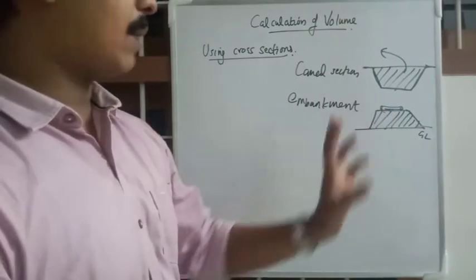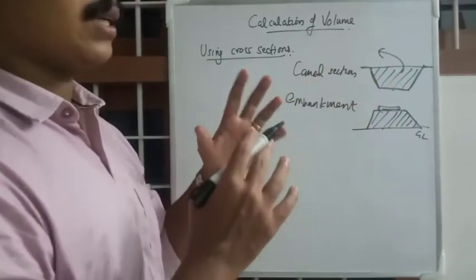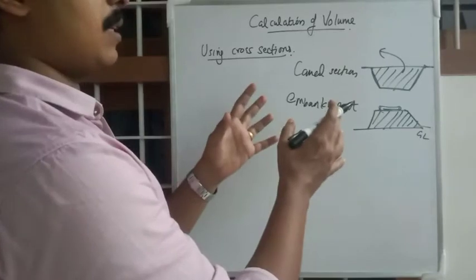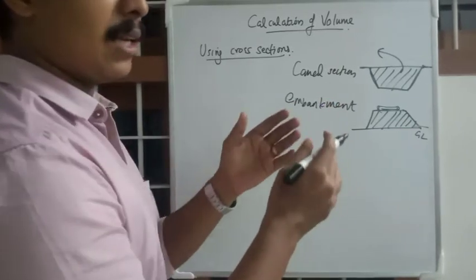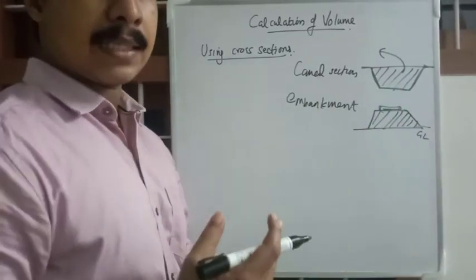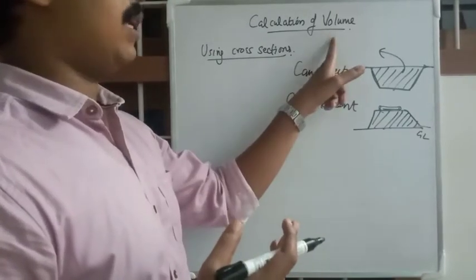All those things can be done. So these two are the most common forms of civil structures where movement of earth comes into place. That's why we have to calculate volume.